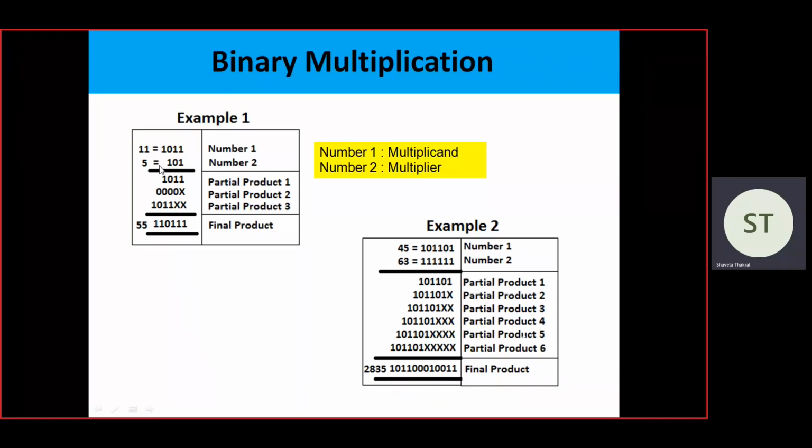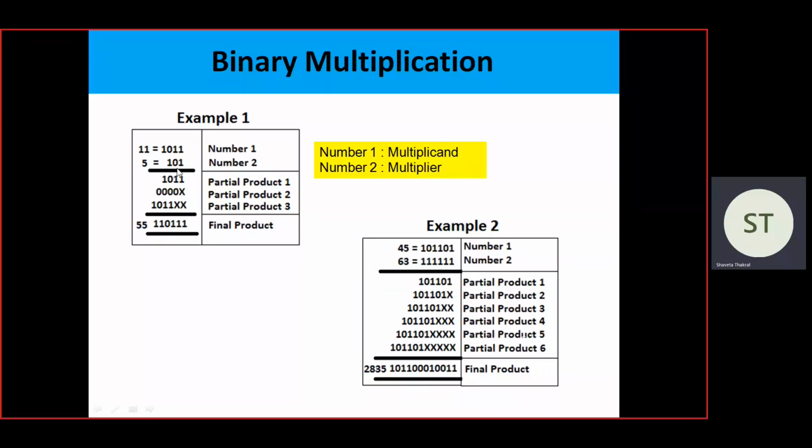We multiply each bit of the multiplier. Number 2 is considered as the multiplier and number 1 is considered as the multiplicand. So we take each bit of the multiplier one by one, starting from the least significant bit, and we multiply each bit of the multiplier with the multiplicand and write here the partial product.